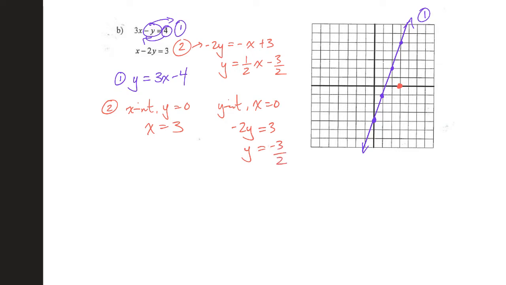Negative 3/2 would be a 1 1/2, so I go down 1 and another half. Okay, connect my points. Oops. And now I extend that, the width of the grid.